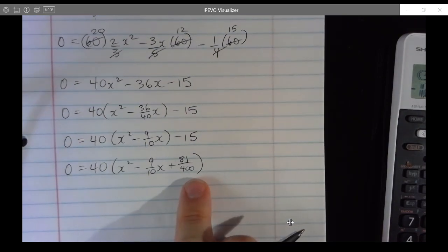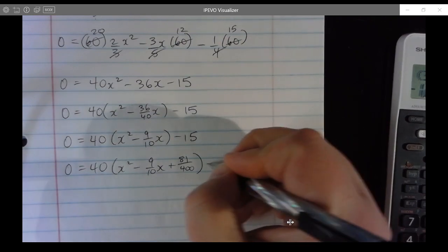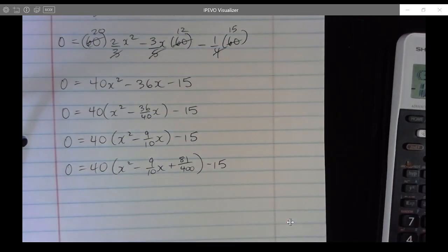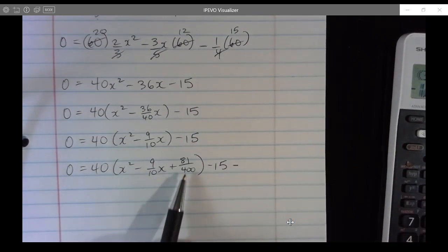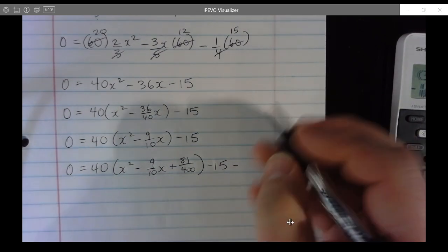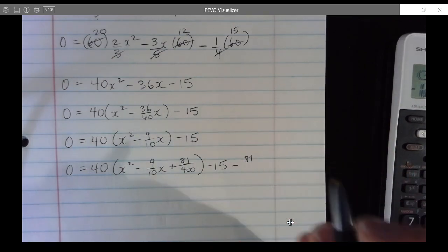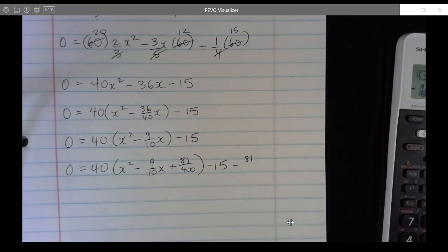Now I just added 40 times 81/400 to my equation. So I have to subtract that right away. So if I times 40 by 81/400, I'm still going to get an 81 on the top, but do this on scrap paper if you need to. If you have 40 and 400, maybe I'll just show you the scrap work on that.